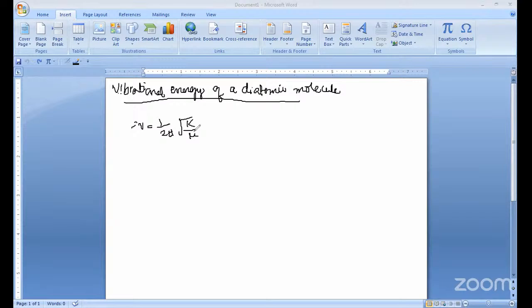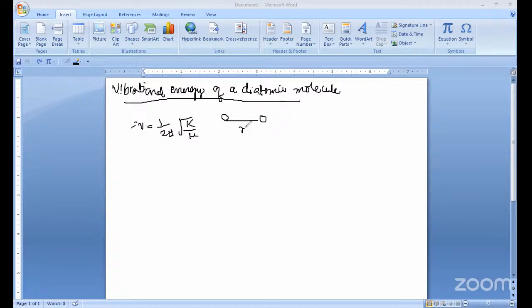Suppose you take these diatomic molecules, which have two different atoms, as we know this is applicable only for heteronuclear molecules. We have two different atoms separated by a certain distance. Suppose this is one atom and this is another atom, separated by a certain distance r.